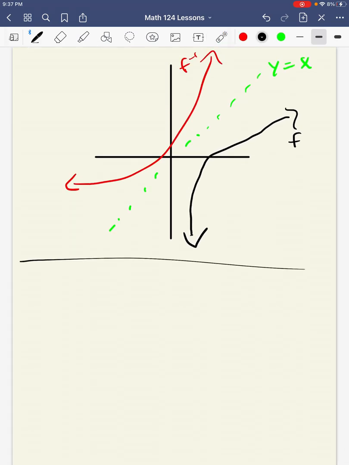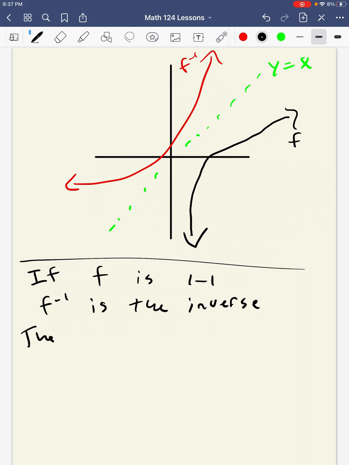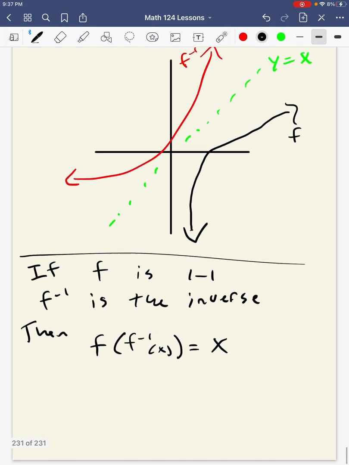Well, there's another interesting property of inverses. So if f is a one-to-one function, f inverse is the inverse of f, then we get the following. If you plug the inverse into the original function, everything will cancel out and you just get an x.